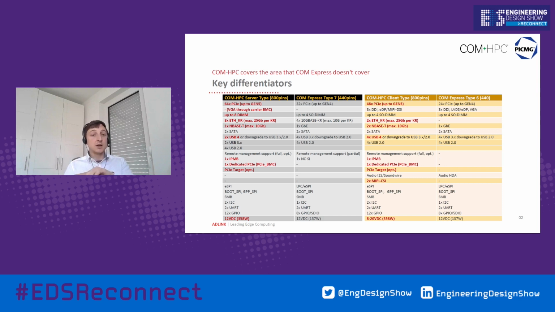With regards to Ethernet, it offers 5 times more bandwidth, covering 10G Ethernet for non-headless or typical COM-Express Type 6 use cases. Then something new is USB 4 or Thunderbolt. It is ready to cope with that as well. And for the first time it offers sophisticated remote management capabilities, but I'm going to mention some details later.